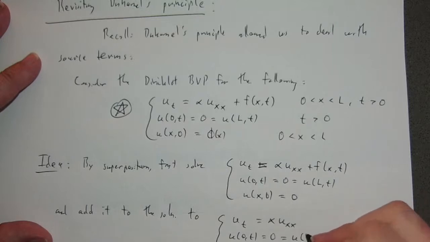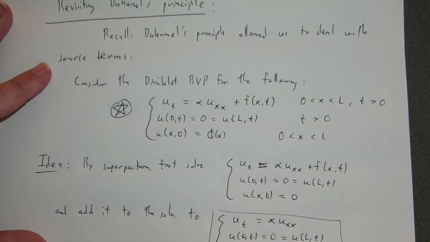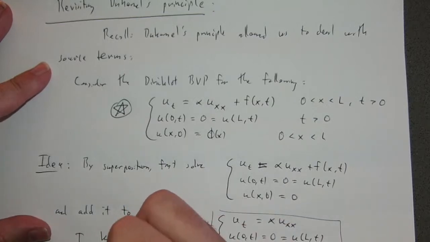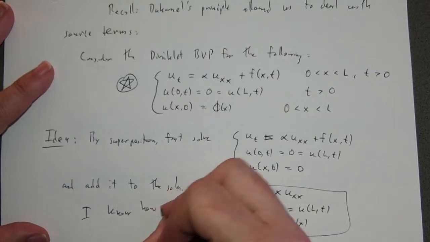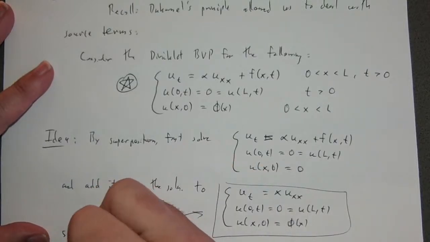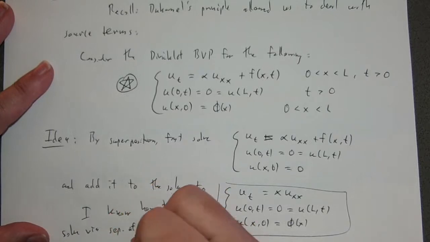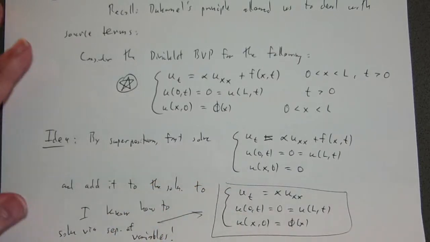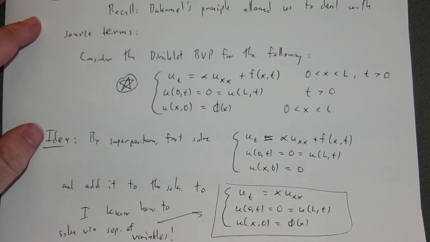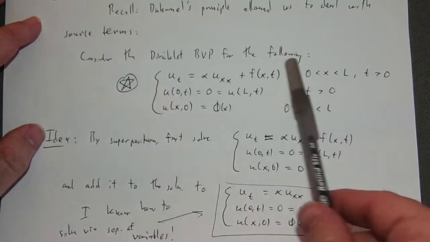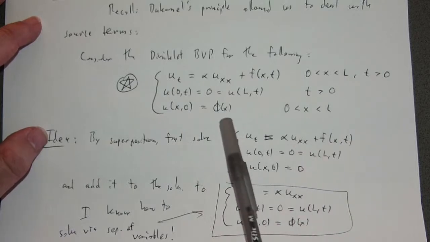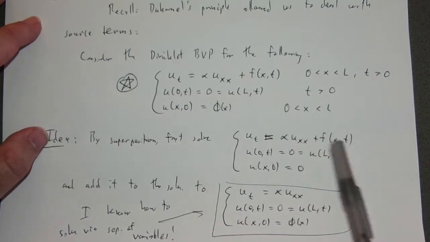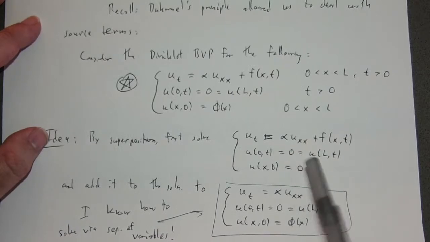The reason why this ends my search for a solution is that I know how to solve this with separation of variables. So really, rather than solving this completely general problem, I can solve this simpler problem that still has a source term, but now has 0 boundary conditions and initial condition.